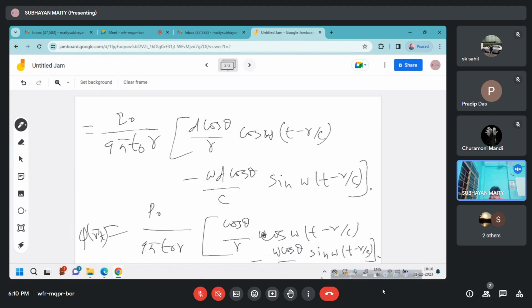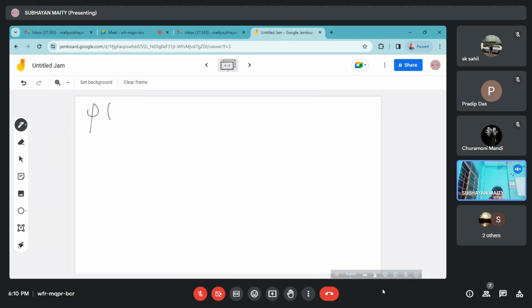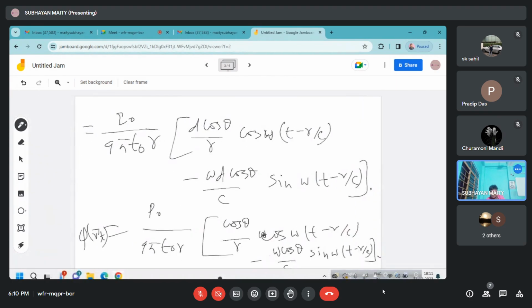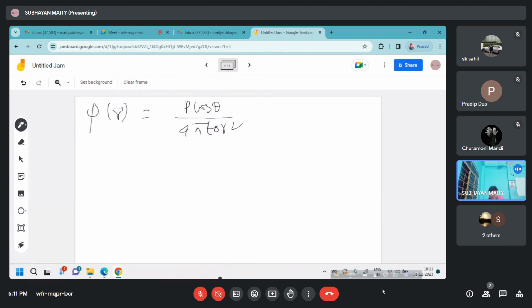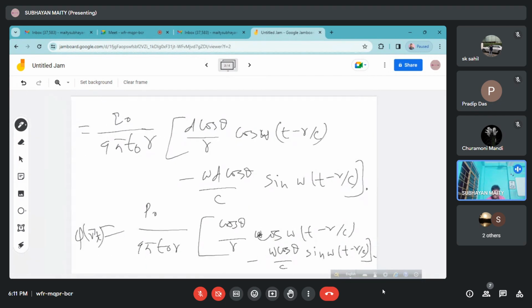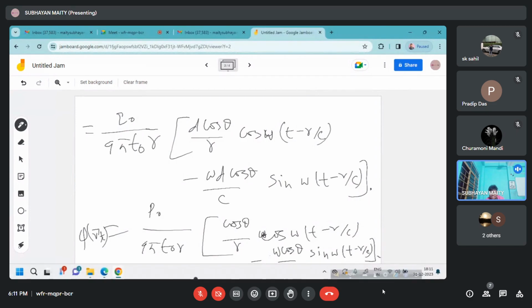So for the static case φ(r) will be p₀ cos θ by 4πε₀ r², and p equals p₀ because p equals p₀ cos ωt. So ω = 0 means p₀. So this agrees with the static one. You can restore the static result from this expression. So this expression is okay. So another expression is r is greater than ω by c.